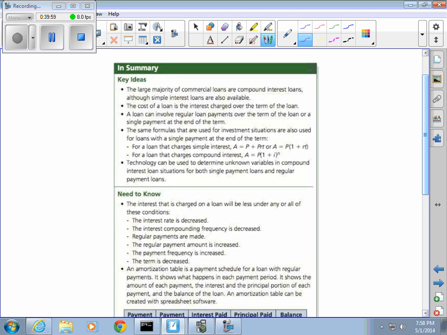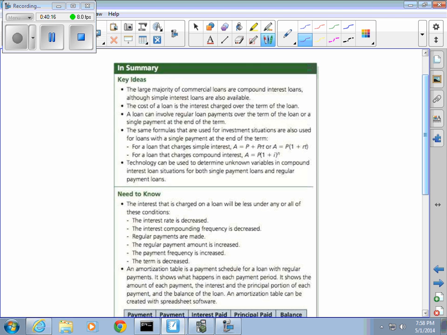The interest that is charged on a loan will be less under any or all these conditions. The interest rate is decreased, so if you are able to readjust your loan, you can renegotiate it sometimes after certain periods and get a lower interest rate, then you're going to pay less interest.